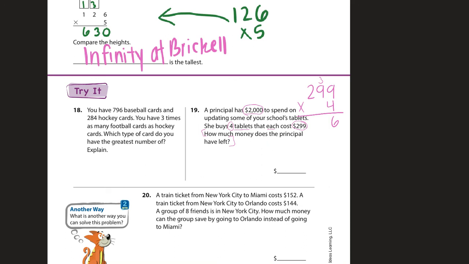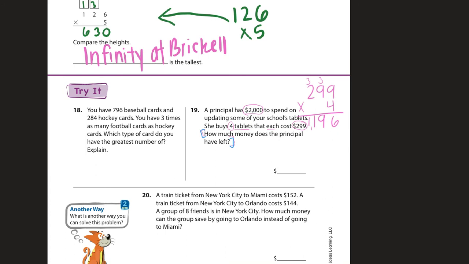Plus 3, 39. 4 times 2 is 8. And 8 plus 3 is 11. So it looks like this principal spent $1,196 at the store.